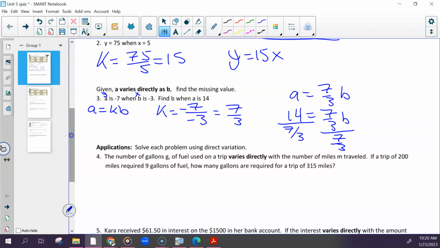You can do it this way, or take this, flip it, and multiply that on both sides. Some of you were also putting it in the k equals and then solving it like that. That was also fine.